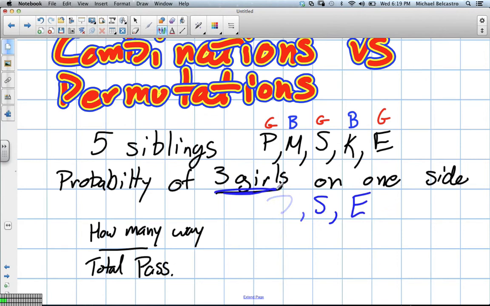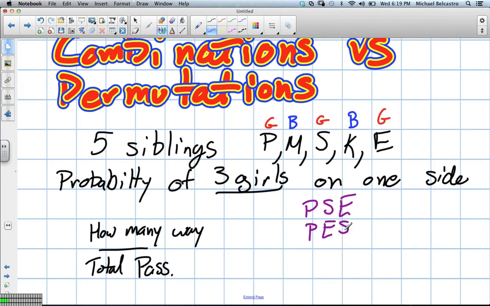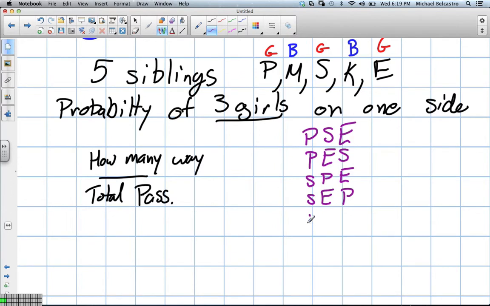But because they've said the 3 girls, we could set this up with Paula first, Stephanie, then Emily, or Paula, Emily, Stephanie. Or we can completely mix it up and go Stephanie, Paula, Emily, Stephanie, Emily, Paula, and finally Emily, Stephanie, Paula, or Emily, Paula, Stephanie.